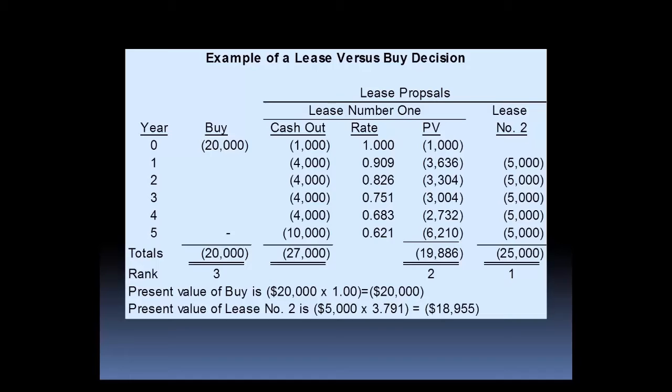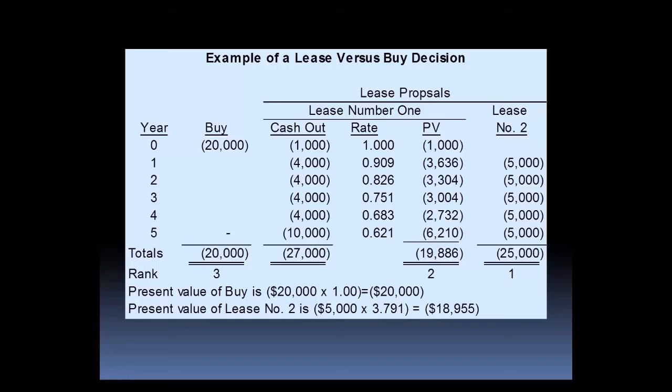Now I've used a discount rate here of 10%. So if you go to the present value of $1 table, under 10%, you will see that in year 1, I would use a rate of 0.909. In year 2, 0.826. Year 3, 0.751, and so forth.